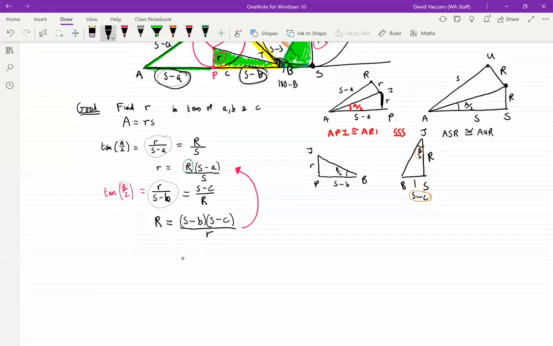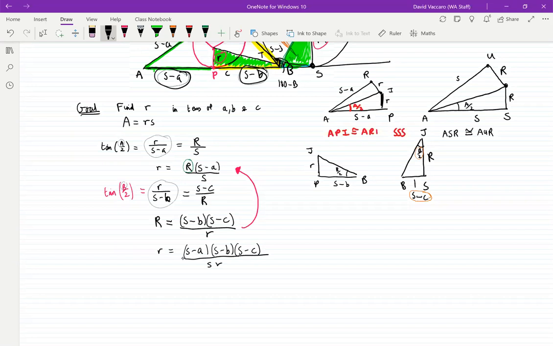And so I get r is equal to s minus a, s minus b, s minus c over sr. And so I get r squared is equal to s minus a, s minus b, s minus c, all over s.